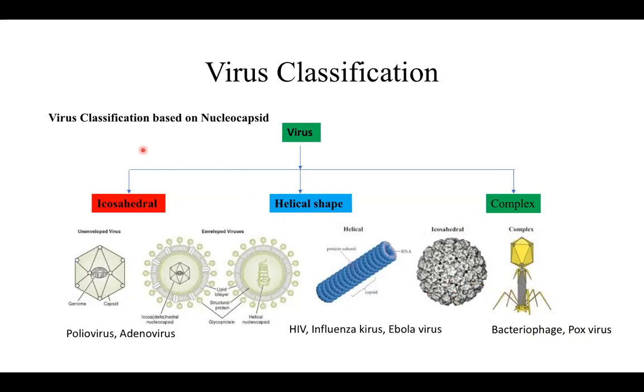Based on the types of nucleocapsids present in a virus, the viruses may be broadly categorized into three categories: viruses having an icosahedral nucleocapsid, viruses having a helical shaped nucleocapsid, or viruses having a complex shaped nucleocapsid.